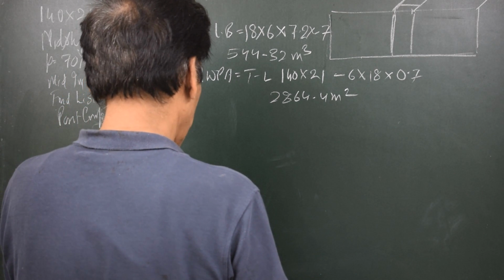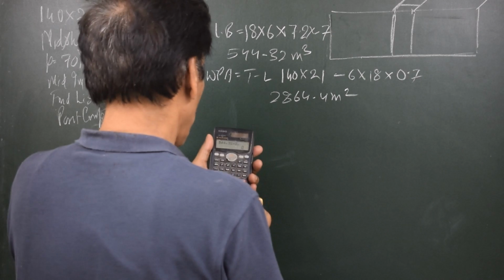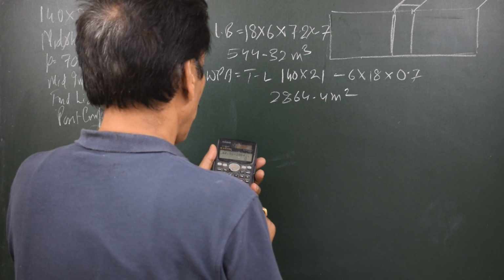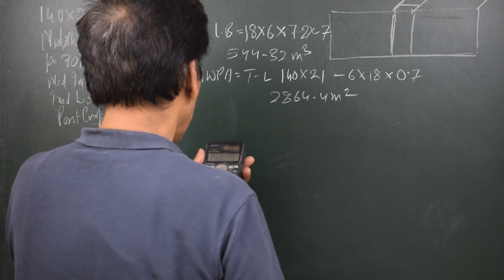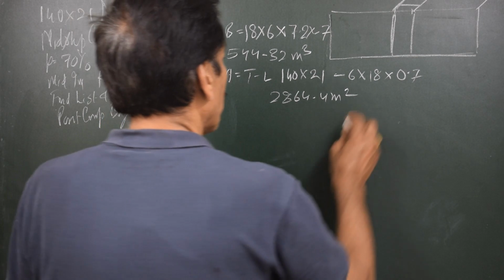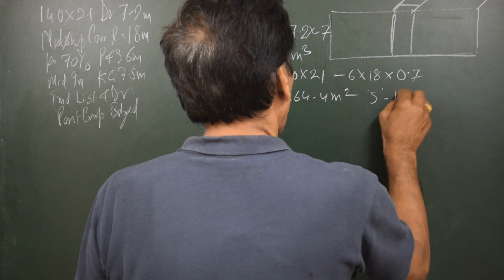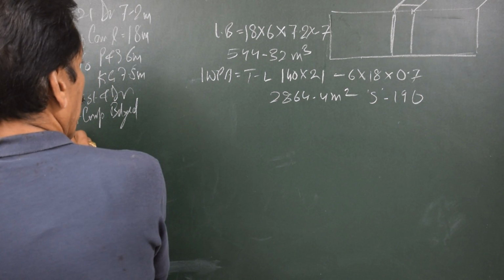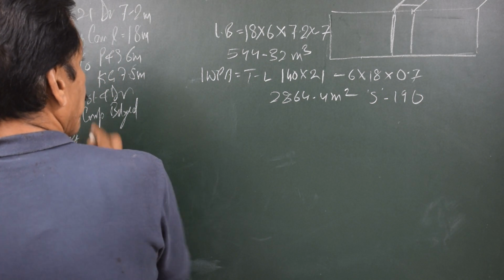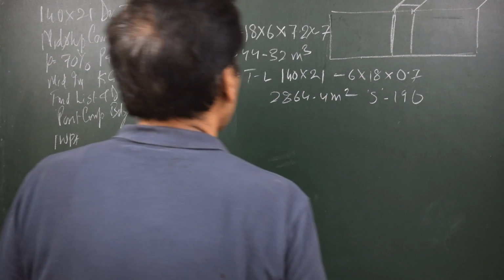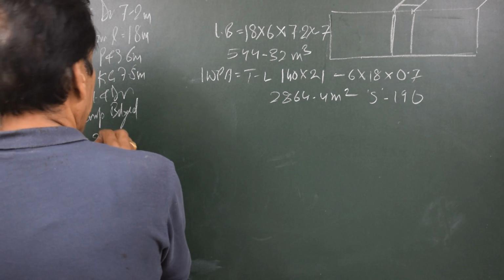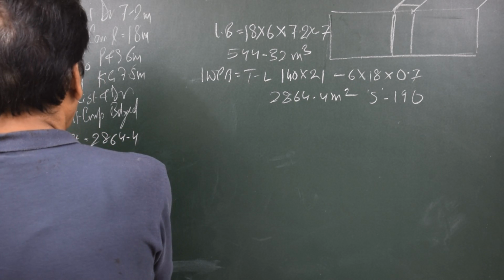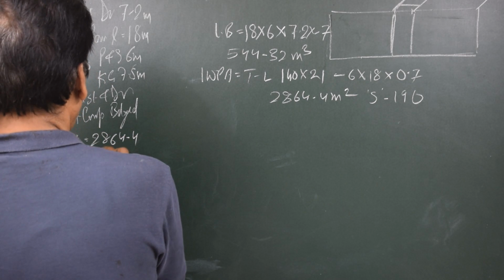544.32 is the loss of buoyancy, divided by the intact waterplane area 2864.4. That gives me 0.190. Sinkage is 0.190. So I'll make a note of the intact waterplane area, 2864.4, and sinkage equal to 0.19 meters.